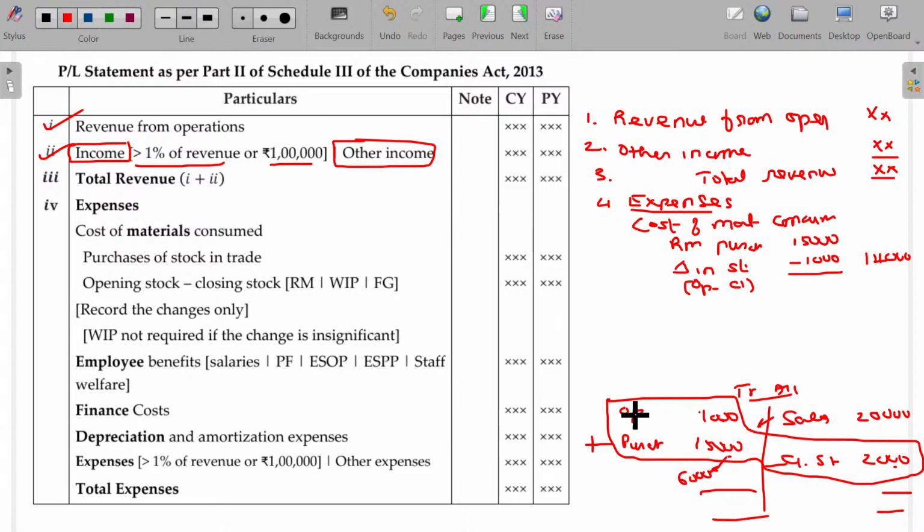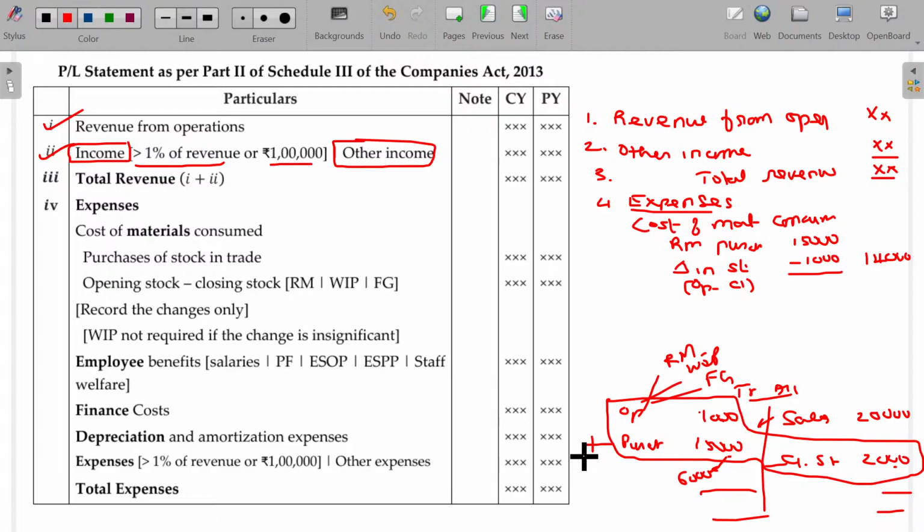This will be for what? Raw material, finished goods, as well as work in progress. You will have the opening stock of raw material, work in progress, and finished goods. If you are a manufacturer, you will not have only the finished goods stock.